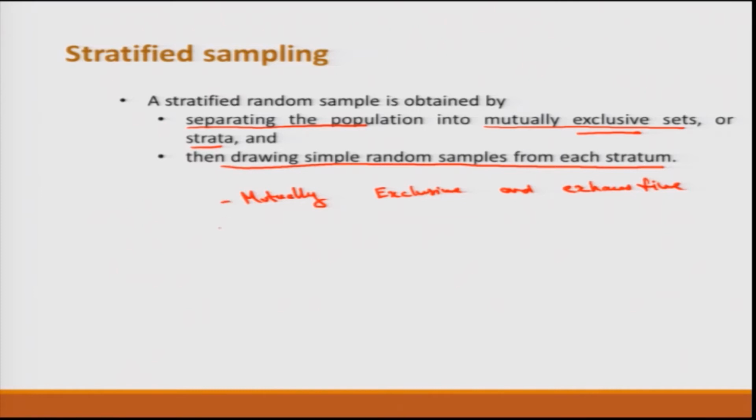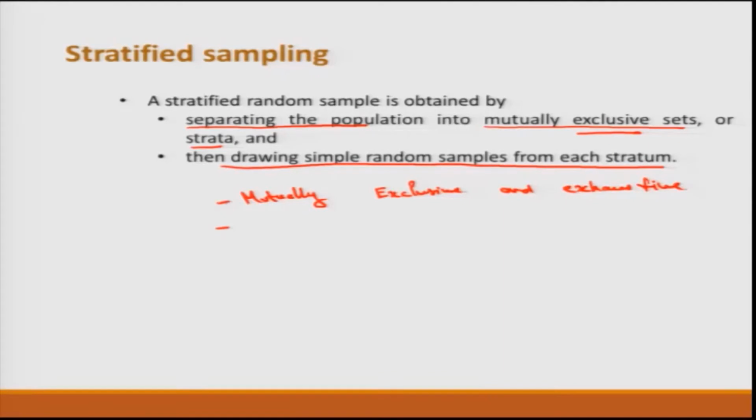Mutually exclusive means each strata should be independent of the other strata. Mutually exhaustive means the sum of all the strata should be equal to the total population.